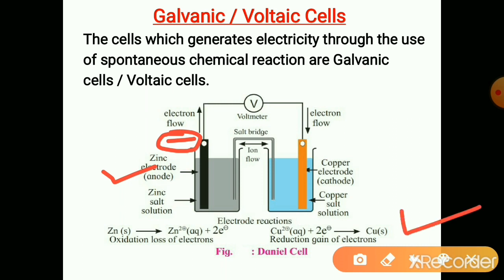On the copper electrode, the copper ions from the solution take the electrons. Electrons flow externally from anode to cathode.